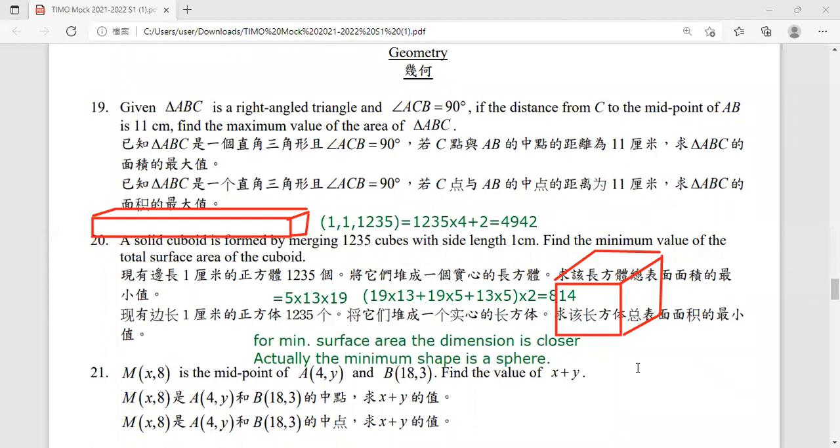For the maximum, you make one of the dimensions very large, and then you get the maximum area. So the answer for this question is 614.